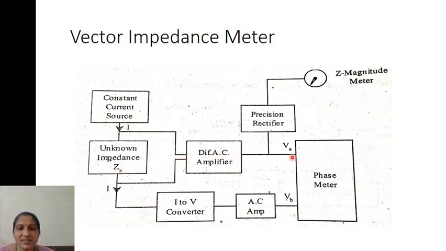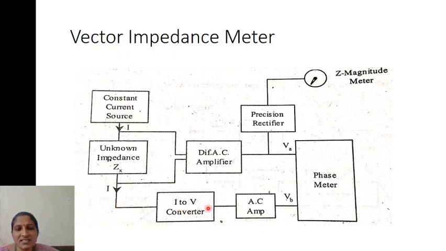This current to voltage converter will have the phase angle of the current flowing through the impedance.